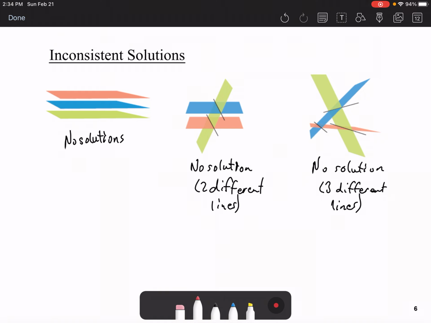Again, the first one is easy to notice because the normals all head in the same direction. So they're all scalar multiples of each other. Easy to tell. The other two, you can see two of the normals head in the same direction, with the third one being coplanar.